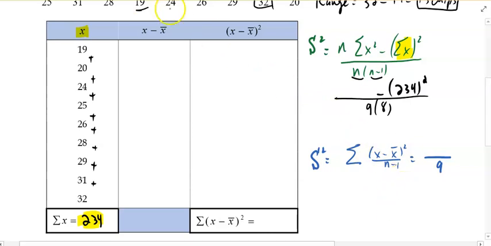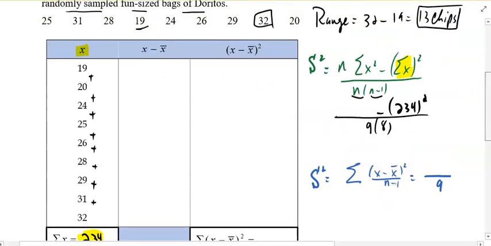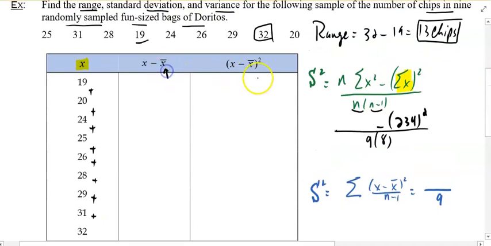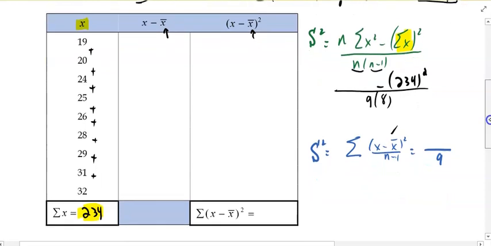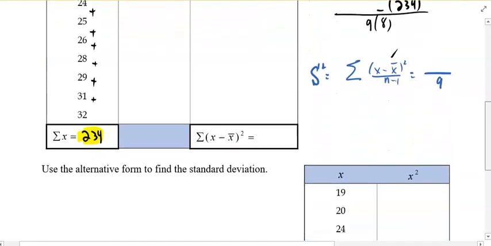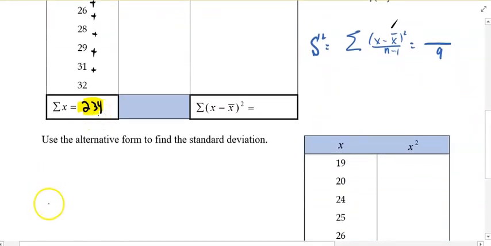Now I need to figure out what the average is to use this formula. Well, to find the average, I need to add up all of these and divide them by n. So since I added those right there, you know what, use the alternative form. Okay, I see.